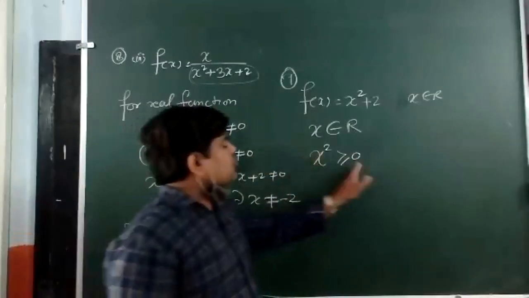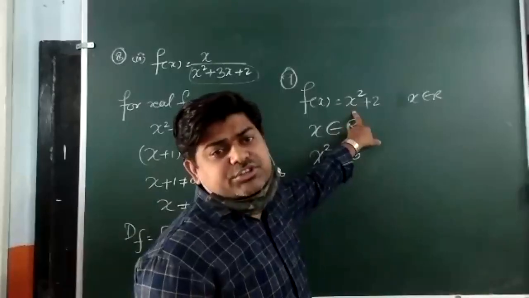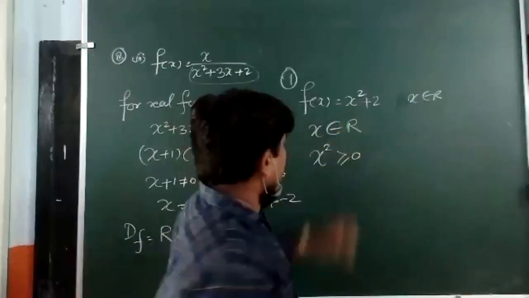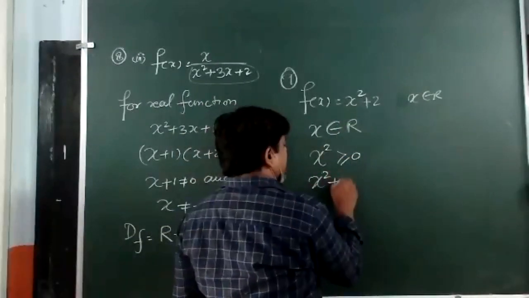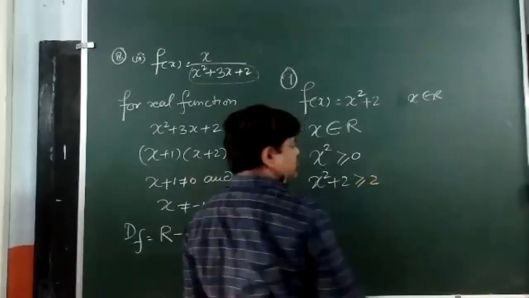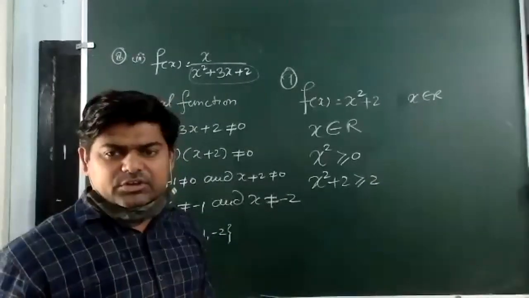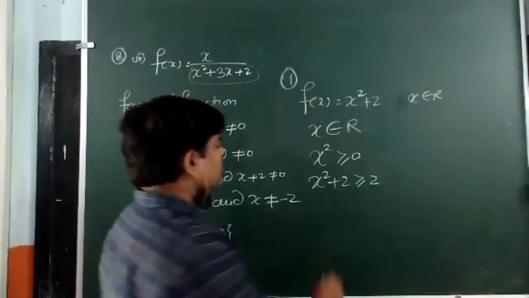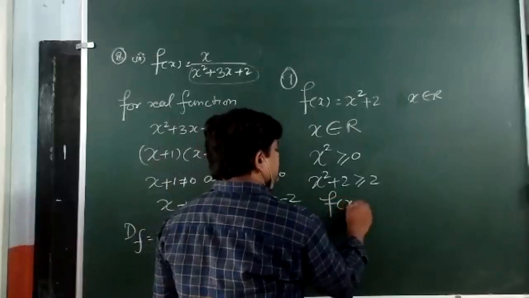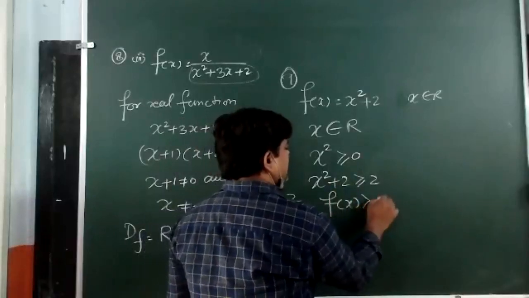If I am adding 2 to both sides, why am I adding 2? Because x square plus 2 is there as f(x). So it can be written as x square plus 2 is greater than or equal to 2. Is it? Say yes or no. And now f(x) is greater than or equal to 2.